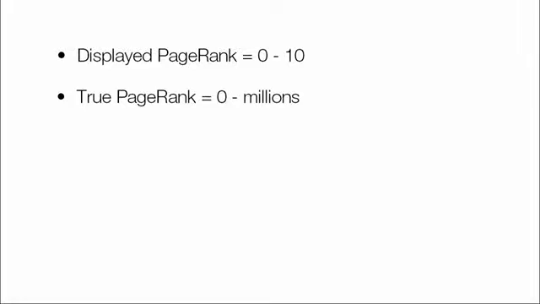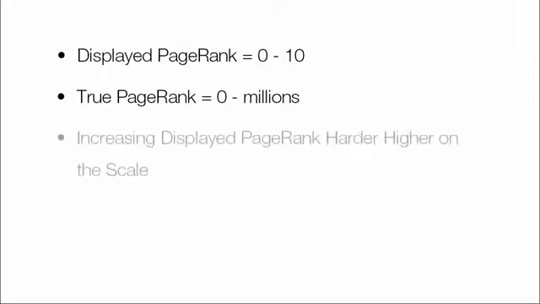A page with a displayed PageRank of 6 does not have a true PageRank twice that of a page with a displayed rank of 3. In fact, the true PageRank may be hundreds or even thousands of times higher. This means that it's easier to get from the displayed PageRank of 1 to 2 than it is to get from 2 to 3, and far easier than going from 3 to 4.